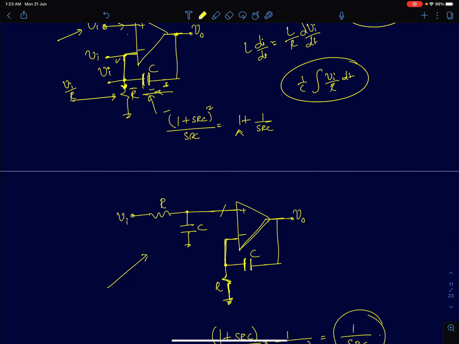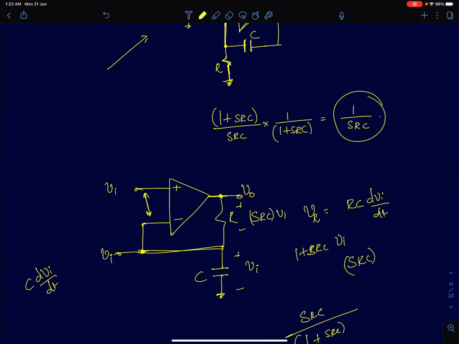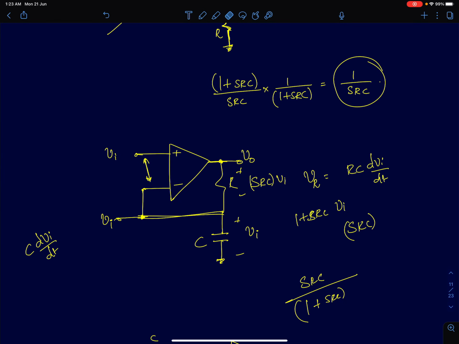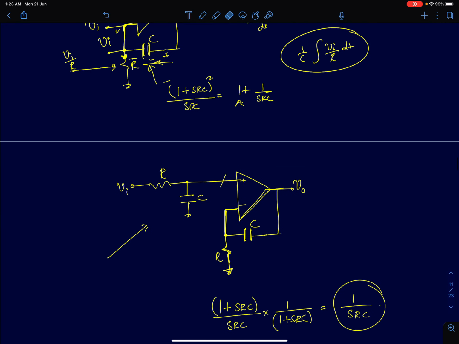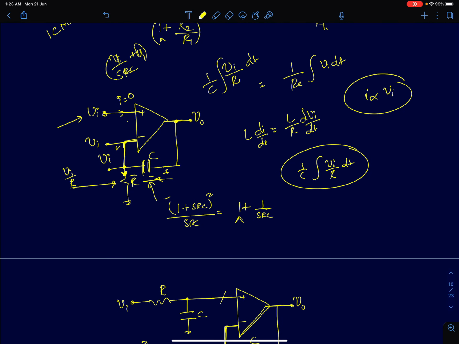But here we are actually measuring the voltage at the output terminal, which is nothing but the sum of the voltage, I'll probably redraw the capacitor, which is nothing but the voltage across the capacitor plus the voltage across the resistor.